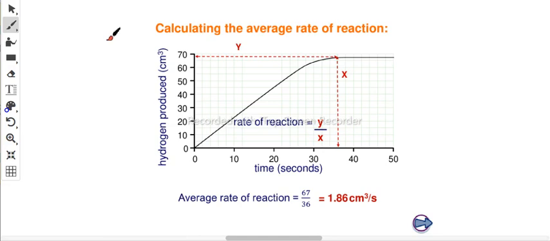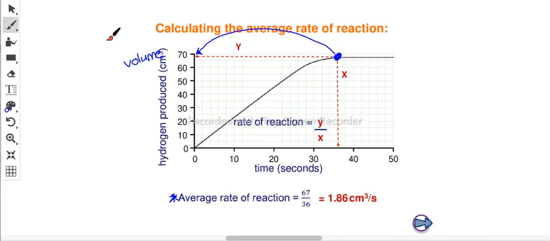So if you look at this graph, you're going to find that on the y-axis, I am following the volume of hydrogen gas in cubic centimeter, which is collected per unit of time in seconds. So if I want to calculate the average rate of reaction, I'm going to take the maximum volume of gas that is collected, and this can be taken directly from my reading on my y-axis.